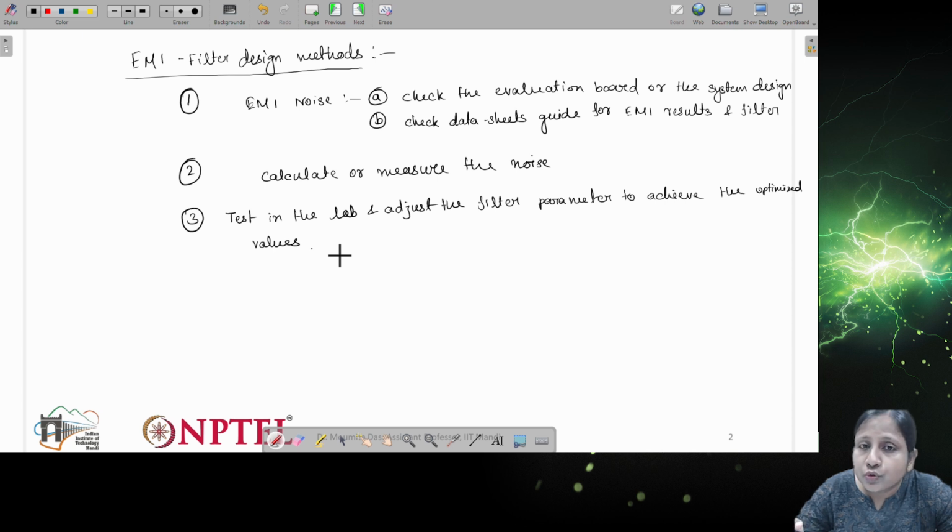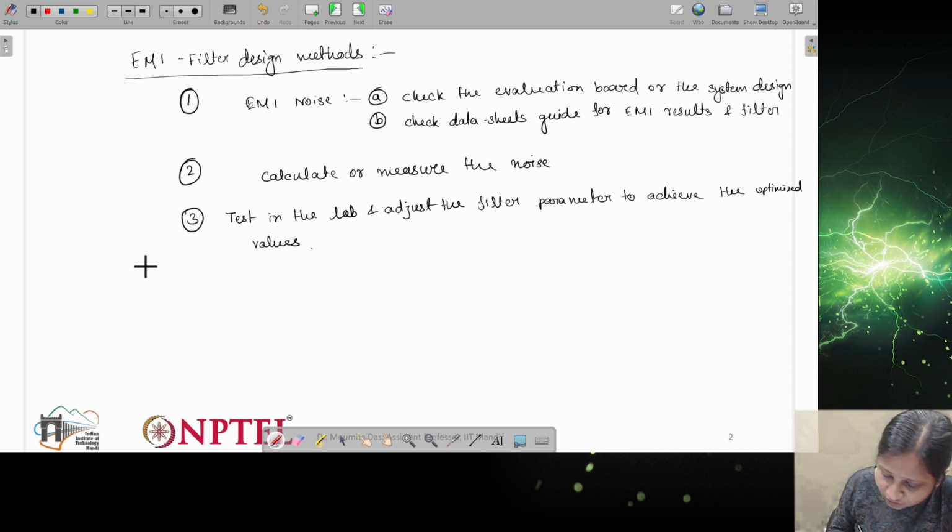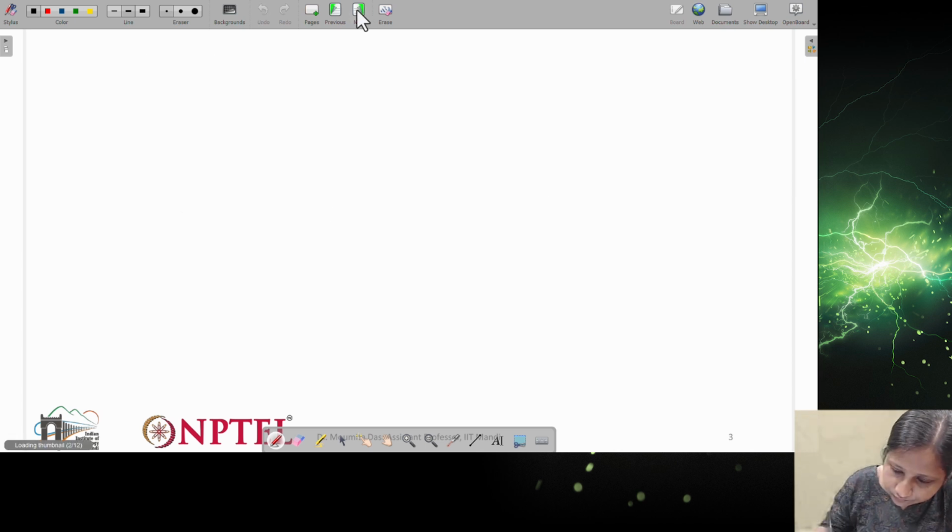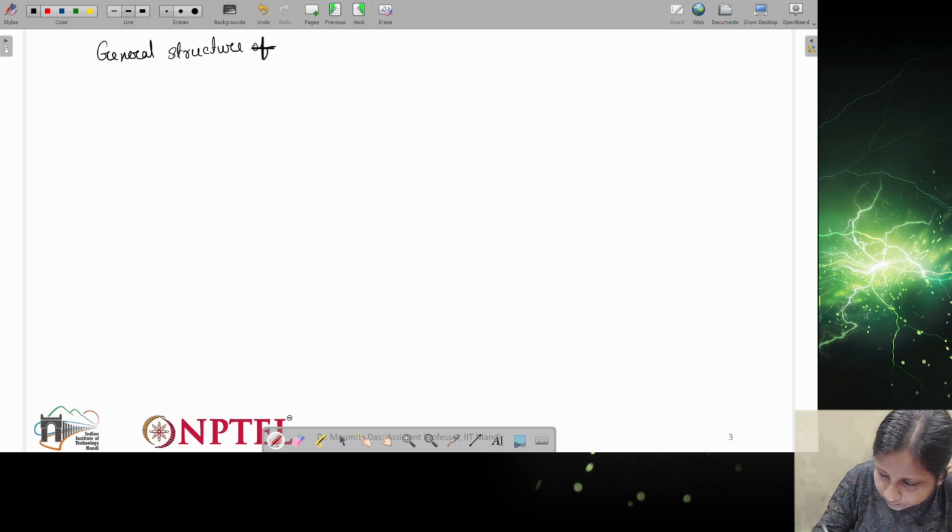So what are those components? The general structure of the EMI filter.